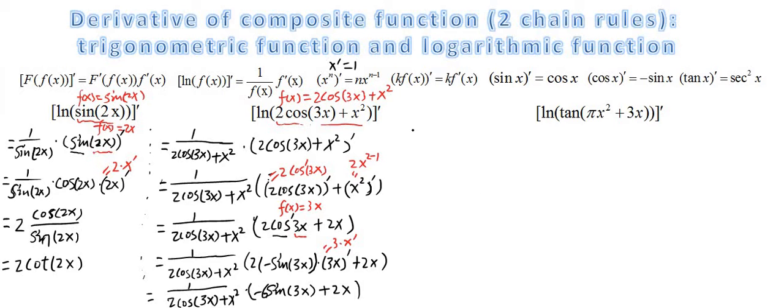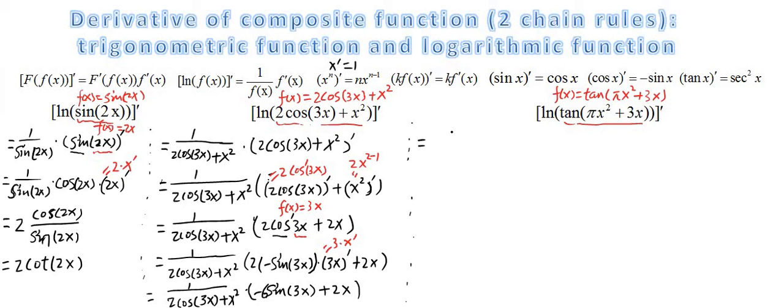Now let's take a look at the last example. For the last example, we're gonna follow the same strategy. The first thing is to figure out what f(x) is. That is tangent of pi x squared plus 3x. Now let's follow this formula.